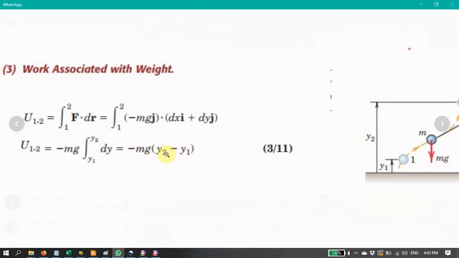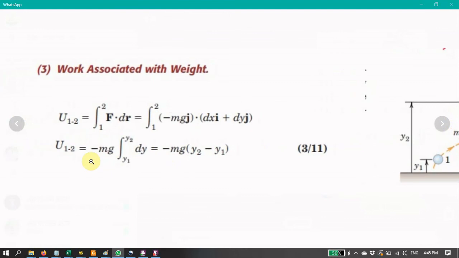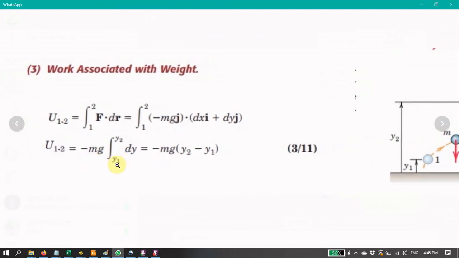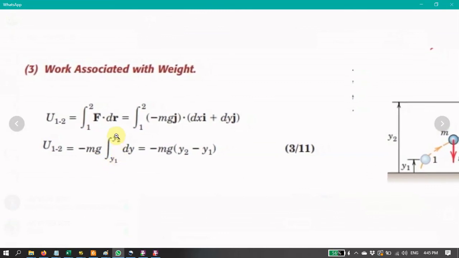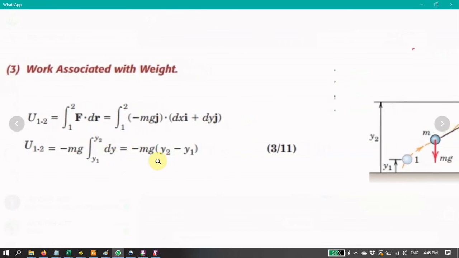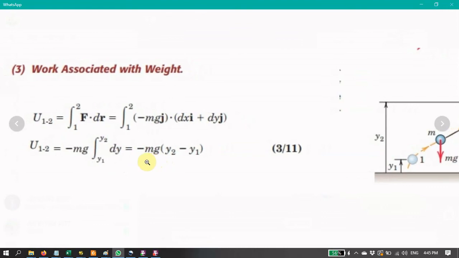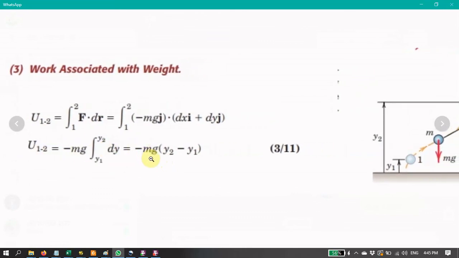If you look at this work associated with weight, it's much clearer that you have to consider two positions. The first position is at y1, and the final position is y2. So basically, the work associated with the weight is actually a potential energy change, similar to what we mentioned in the energy balance for thermofluid.